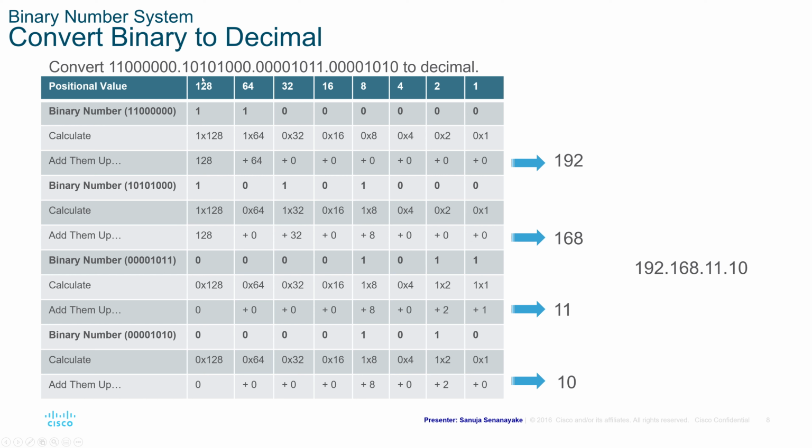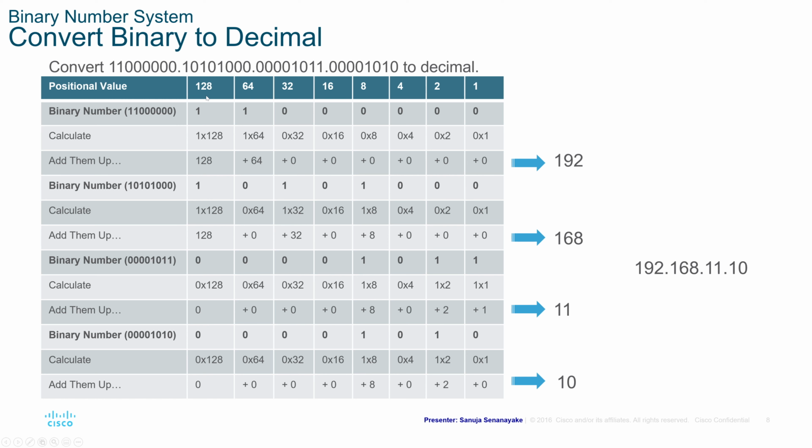And then for the second octet, we need to get the value for that octet. So on the binary, we have 10101000. Again, we're going to use this table. On the positional value of 128, we have 1. On 64, we have 0. On 32, we have 1, and we have none on 16. We have 1 on 8, and none on the rest.